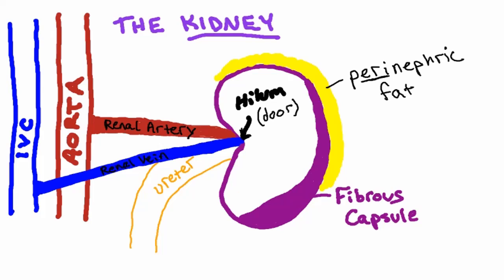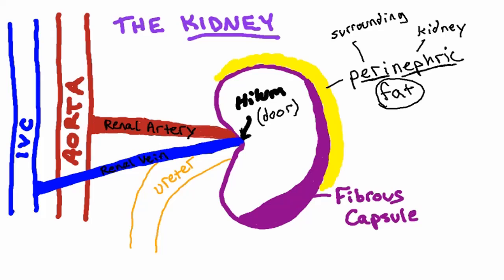Now peri just means surrounding, and nephric just means about the kidney. So perinephric would just mean surrounding the kidney. So perinephric fat is just a layer of fat that surrounds the kidney.